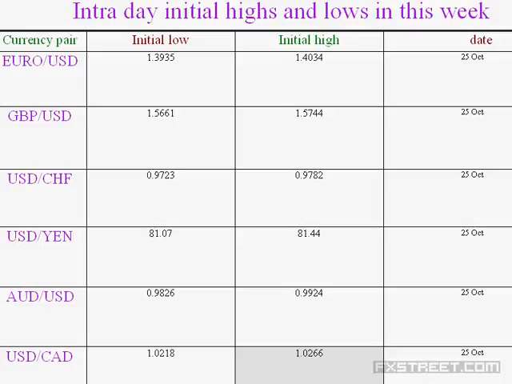In the case of Euro, they reached the high and are still staying above that high. In the case of GBP, they breached the high and are still staying above the initial high. And CHF, they are not. They breached the low by 10 pips now.